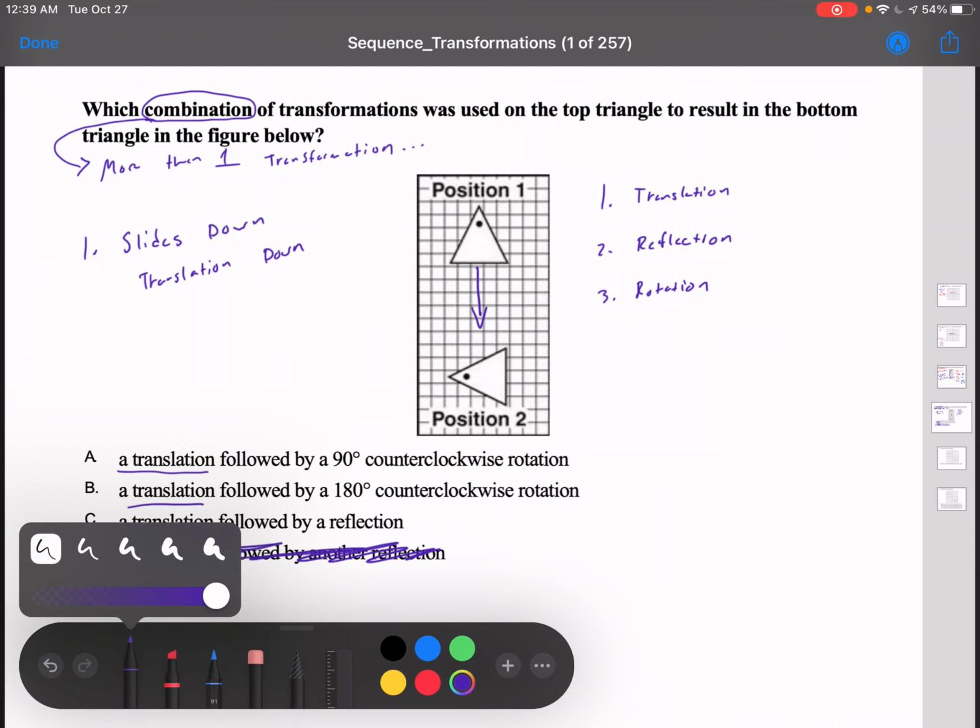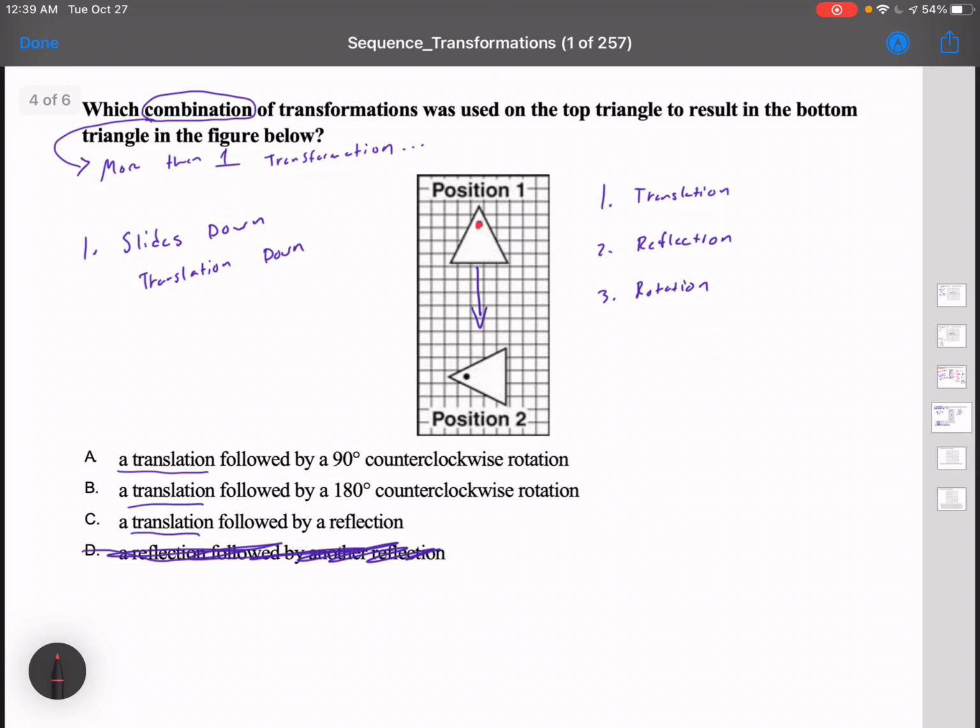Our second movement was, remember, looking at this dot, I'm coloring it in red, and the dot or the shape moved around going against a clock. So we said that's going to be a rotation, right? So we have a translation first, rotation second. So it turned anti-clockwise.